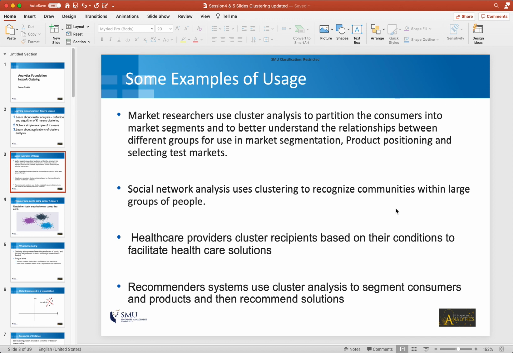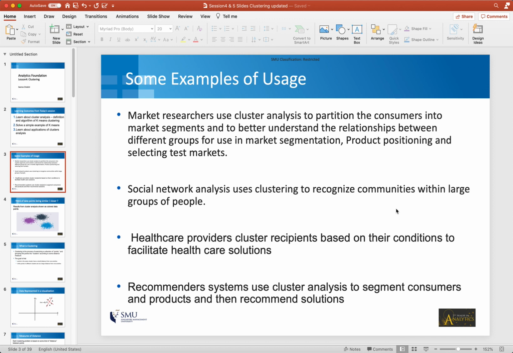In social network analysis as well, you can use clustering to recognize the communities within a larger group of people. And there are a lot of examples in healthcare as well, where healthcare providers can cluster the recipients into segments and then facilitate different healthcare solutions towards each of the segments.